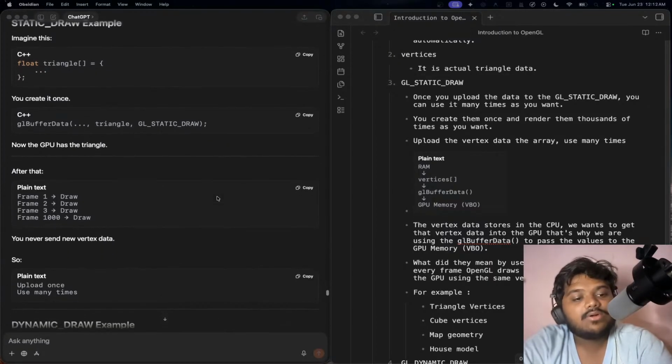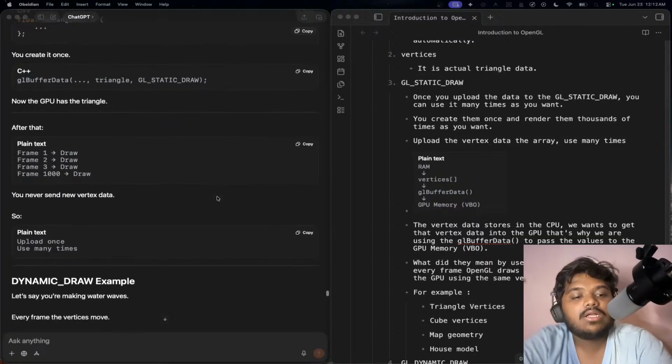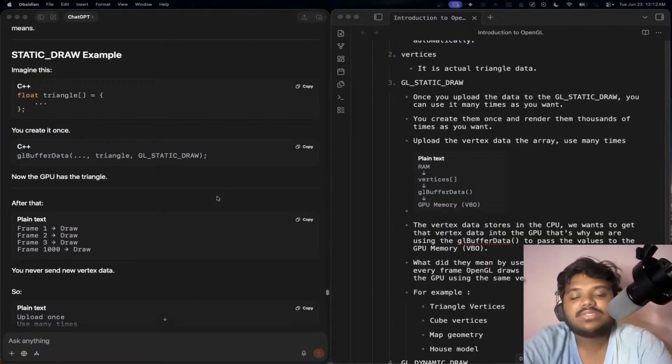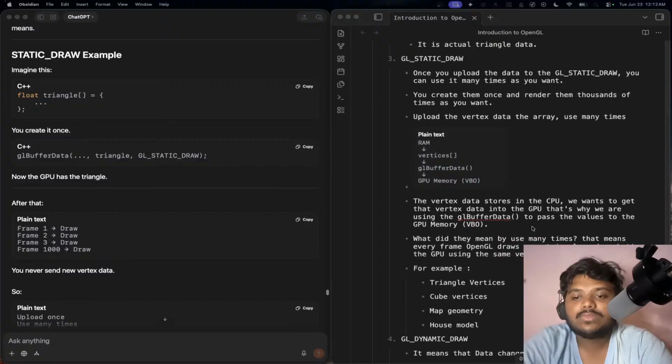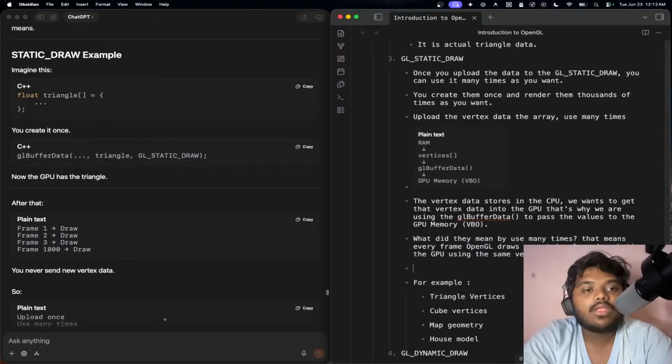Okay, so you never send new vertex data. So for the static draw, let me take some notes about that. GL_STATIC_DRAW, it's supposed to be in caps.